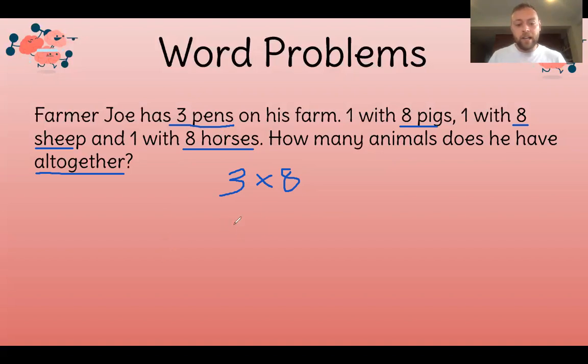For me, I love my arrays because they're really helpful. So I've got 3 pens, that's where the animals are kept, and now I'm adding my 8 animals in each pen, ready to help me figure out the answer.